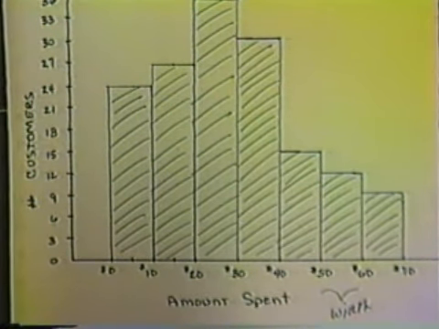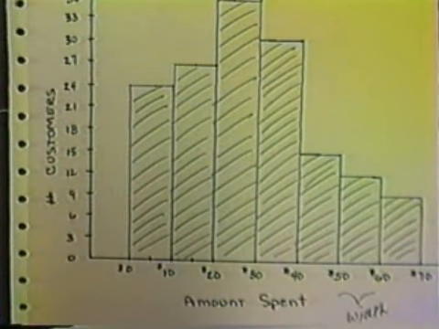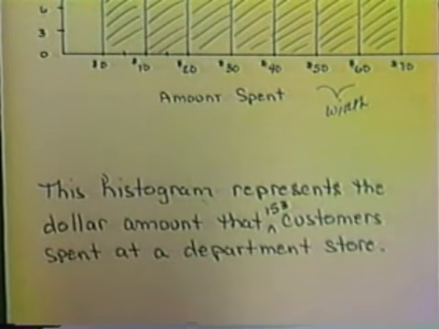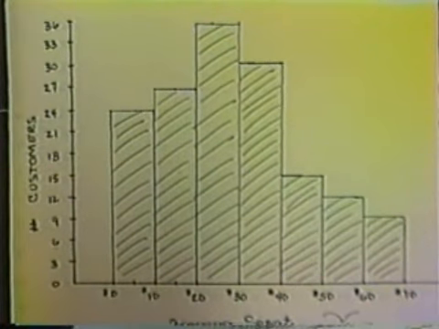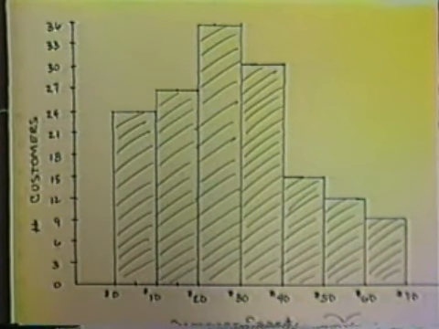This particular histogram represents the dollar amount that 153 customers spent at a department store. We're going to use this histogram to answer particular questions about it.